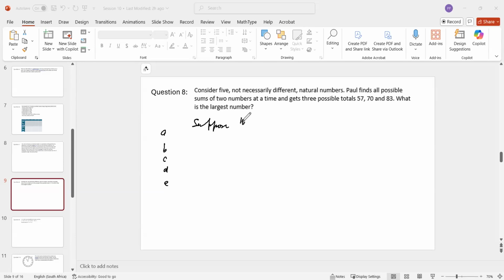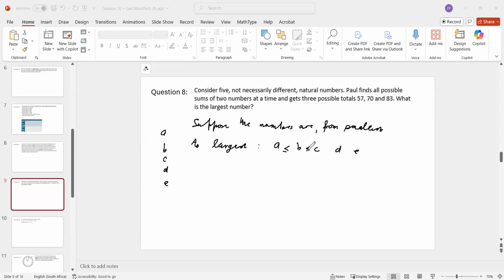Suppose the numbers are, and I'm going to put them in increasing order from smallest to largest, A, B, C, D, E. So A is less than or equal to B, since they are not necessarily different.